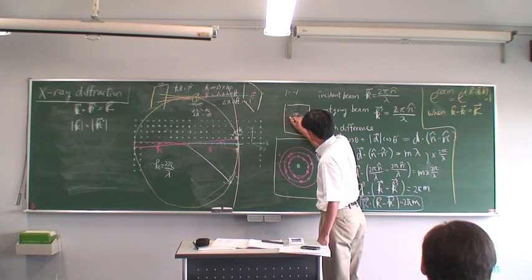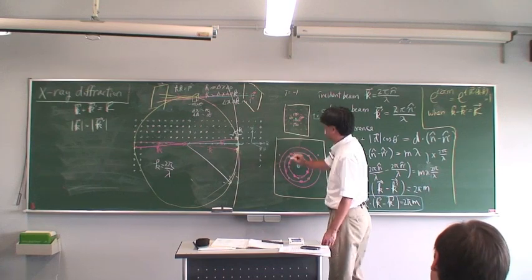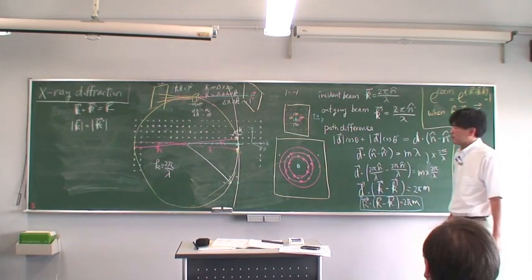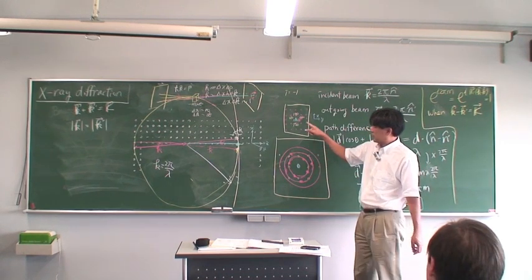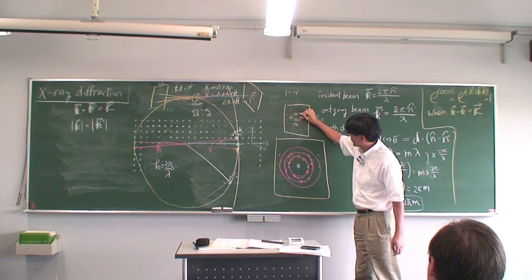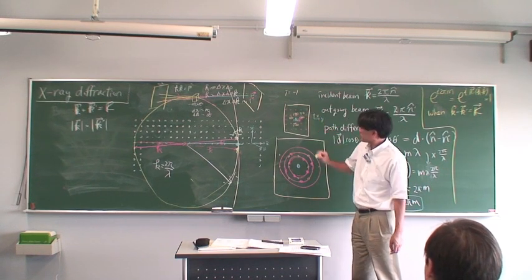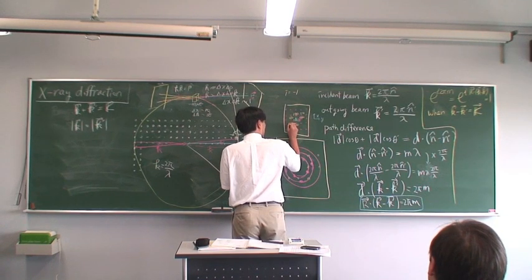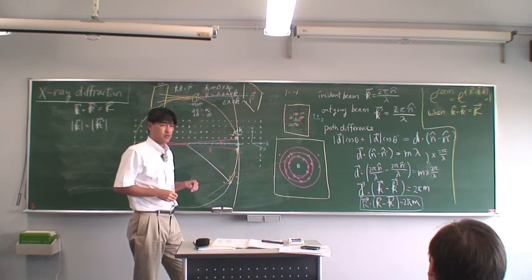So this is 0, 1 bar, 0. After that it's easy. This vector plus this vector, this point is 1, 1, 0. And this one is 1 bar, 0, and so on.